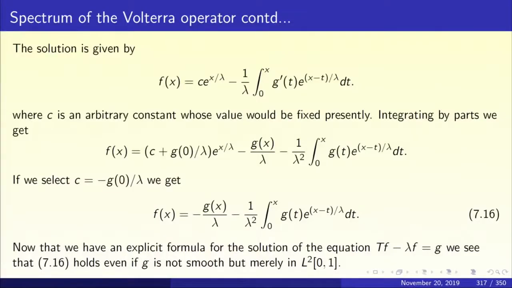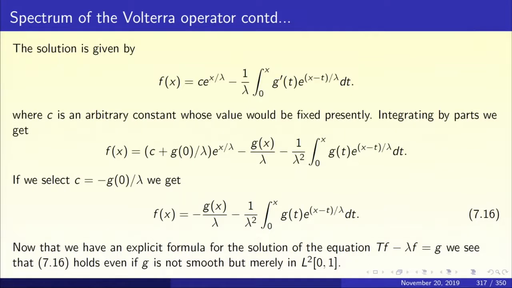But now what I suggest is that we take the f of x given by this formula 7.16 and directly substitute into the equation (T minus lambda I) f, and we check whether we get g. In other words, although 7.16 was arrived at under the stipulation that g is smooth, we show that nevertheless it is going to satisfy the equation.